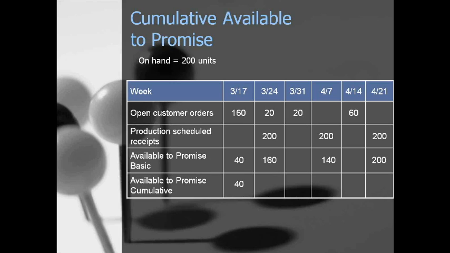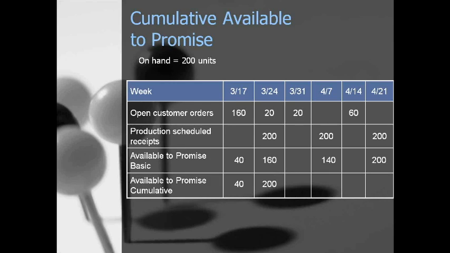But where it differs is the following weeks. On the week of 3/24, it doesn't assume that sales will have sold all of those 40 units. So it literally takes the 40 units available to promise cumulative for the end of 3/17, adds it to the available to promise basic in 3/24, and comes up with a new available to promise at that point of 200 units.